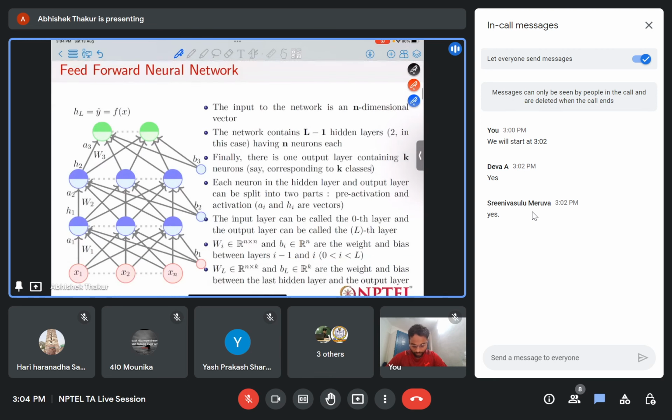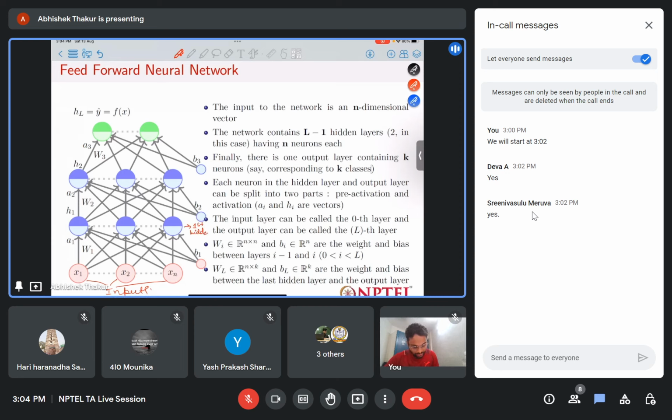This is our feed forward neural network. You can see our inputs are x1, x2, up to xn, and this is our first hidden layer.